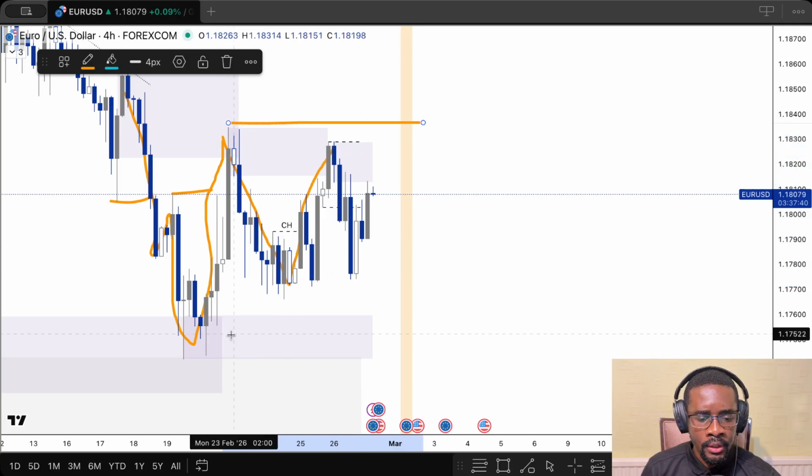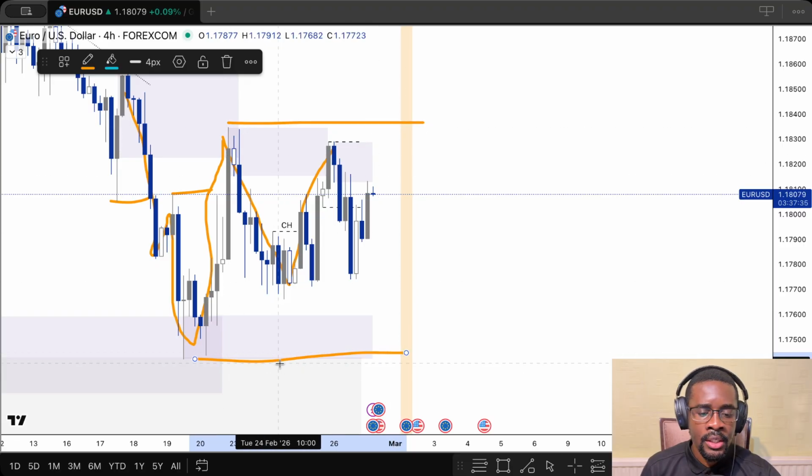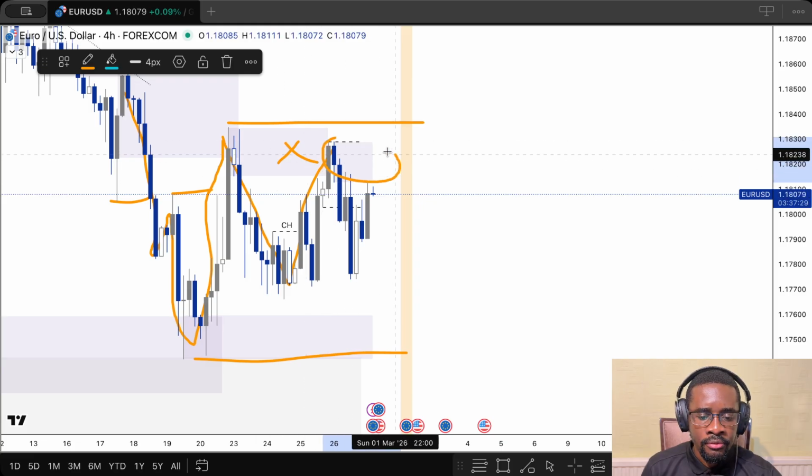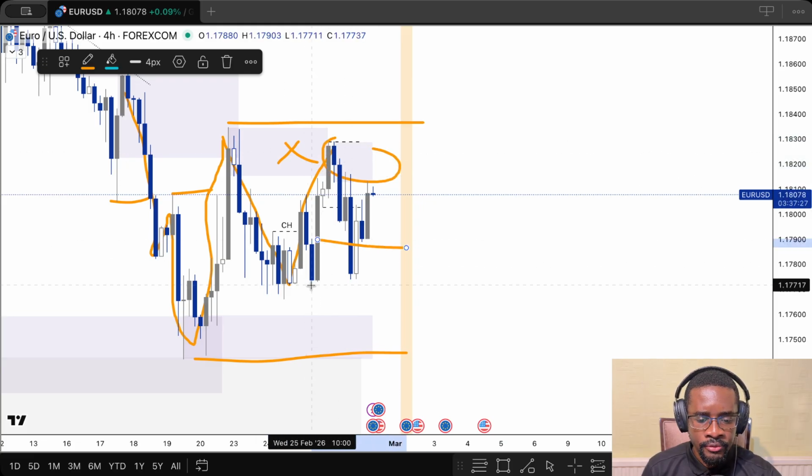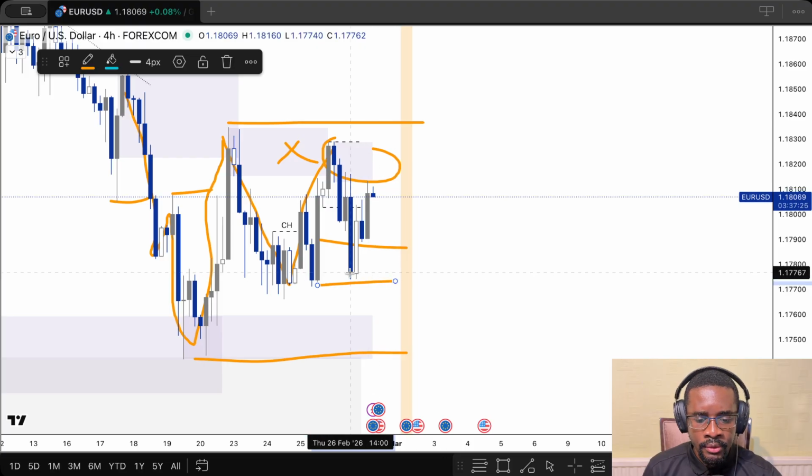Now price is stuck within this smaller range, still respecting these areas of supply that have been created. This is a fractal area of supply. This is a fractal area of demand that is still being respected. So price is bouncing in between.